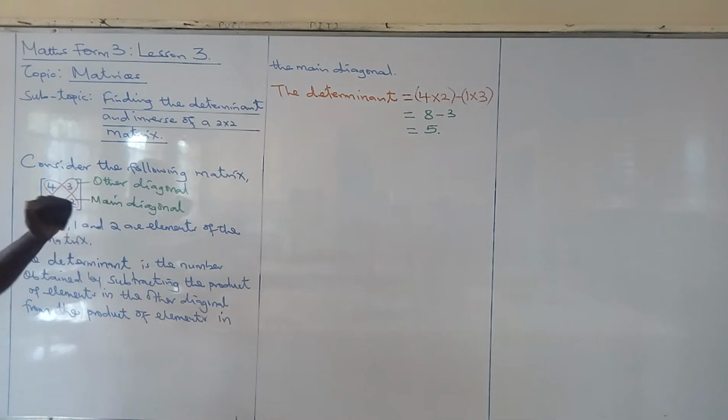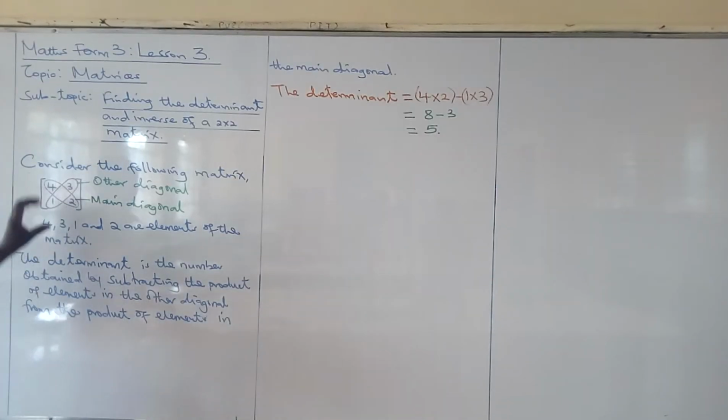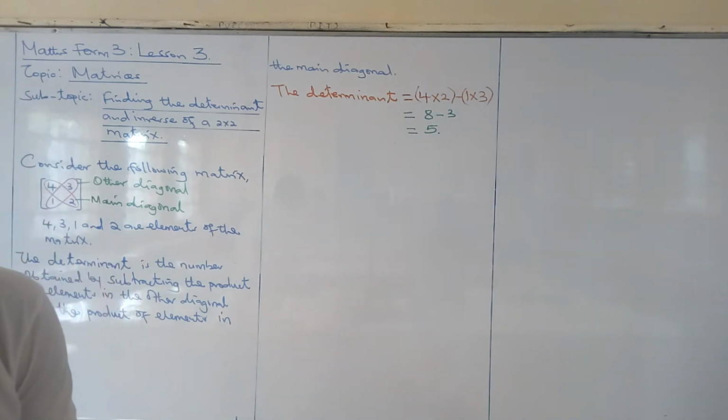So I want to show you how we can find the inverse of the same matrix, which is 4, 1, 3, 2. So what do we need to understand?